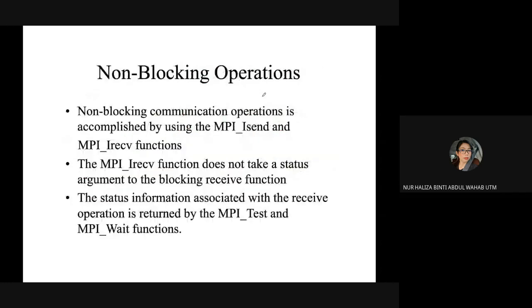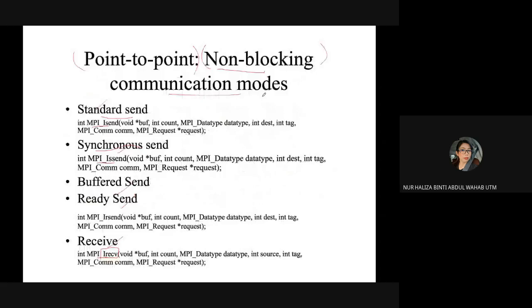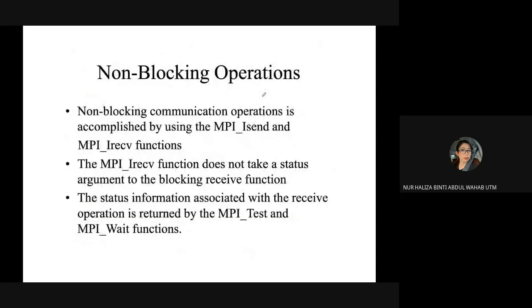Previously, you were still looking at non-blocking operation. Non-blocking communication operation is accomplished by using the MPI_Isend and MPI_Irecv functions. The MPI_Irecv function does not take a status argument like the blocking receive function.